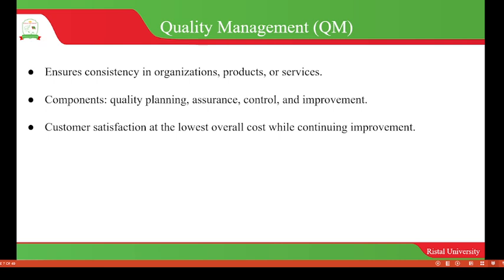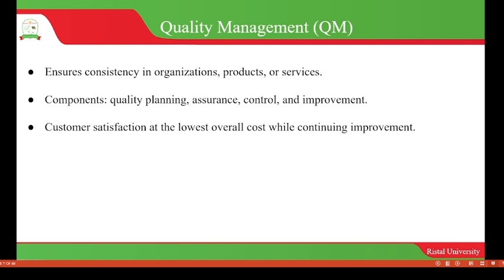And this can be ensured by always making sure that activities and the tasks are accomplished in a good way. And the quality management system comprises components like quality planning, quality assurance, quality control, and quality improvement.